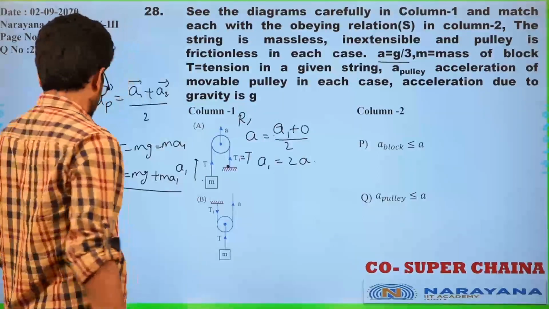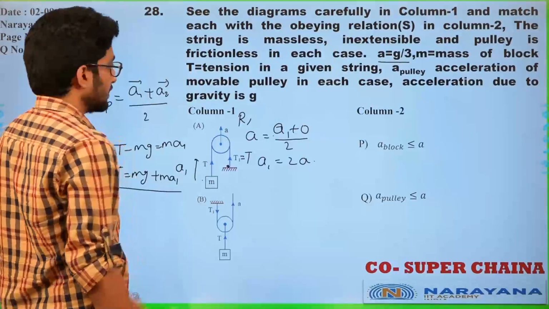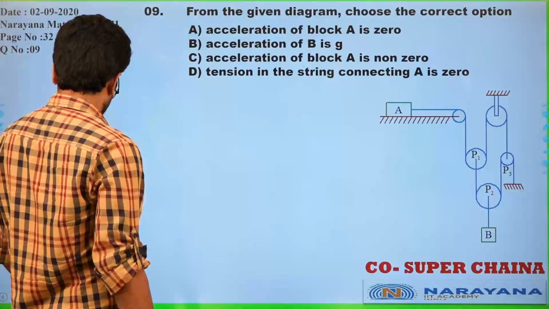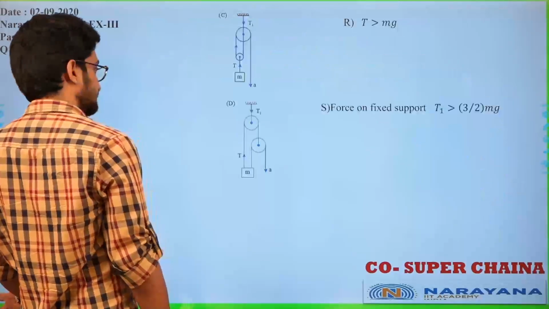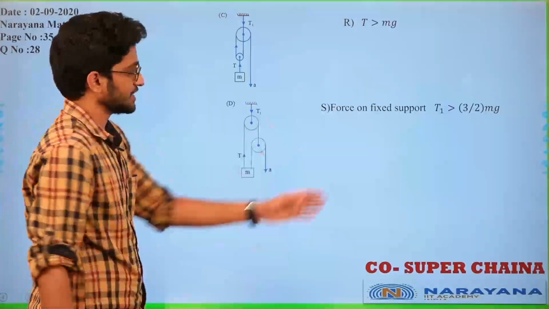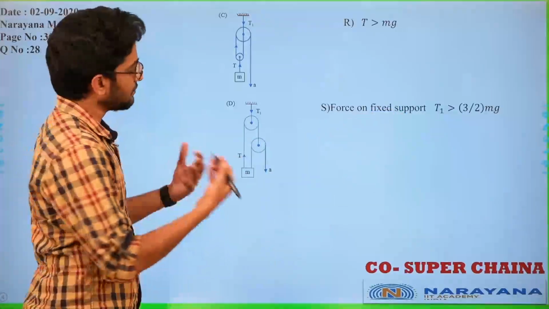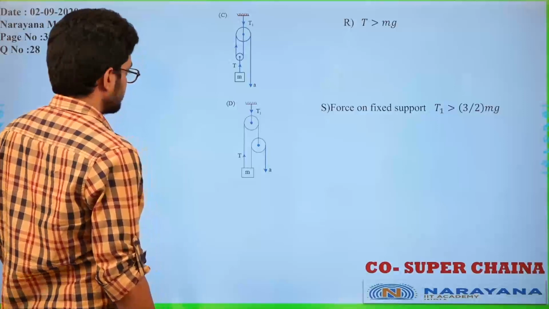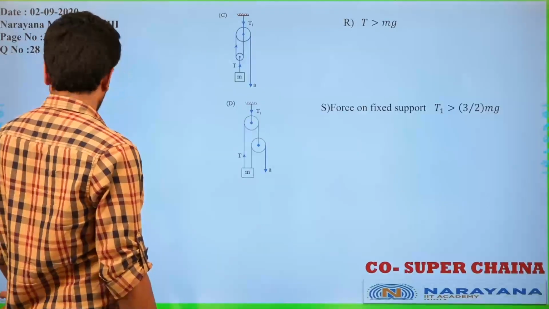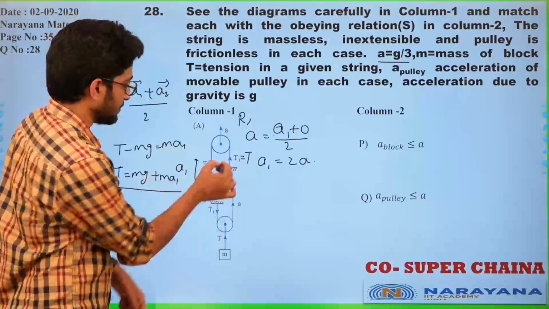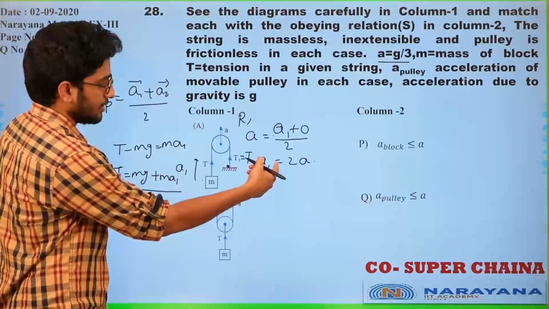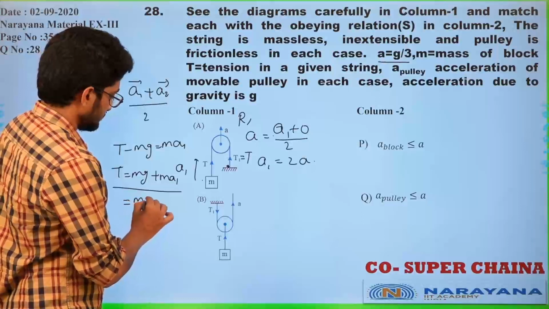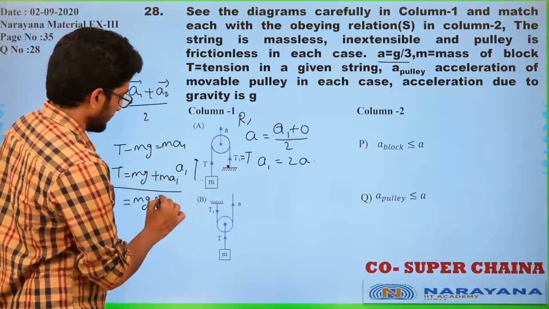Okay. Next, what about the next option? The next option says T1 is greater than 3 by 2 mg, the force on the fixed part. The force on the fixed part is also T. T is mg plus ma1. a1 I already got as 2a. So T is mg plus 2ma.